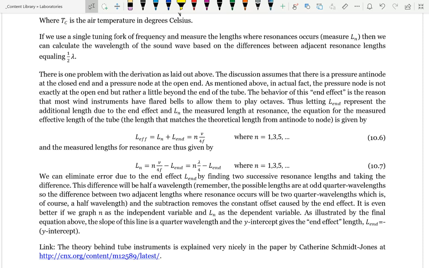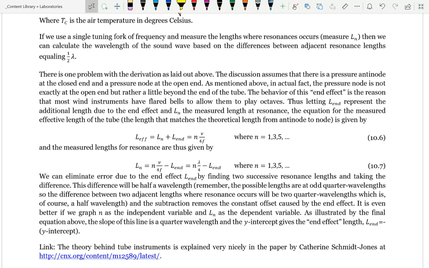The effective length is equal to the theoretical length plus an end effect, or excuse me, the Ln is the measured length. So Ln is what you're measuring. And the end effect is a constant that we're going to find out.